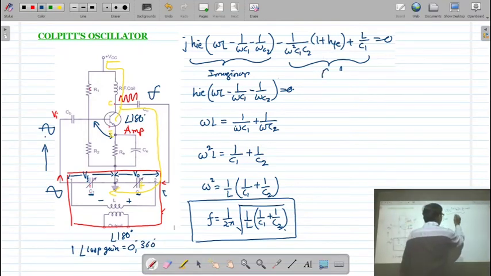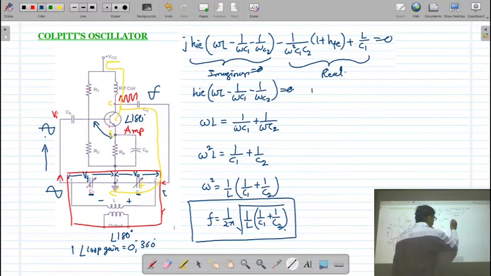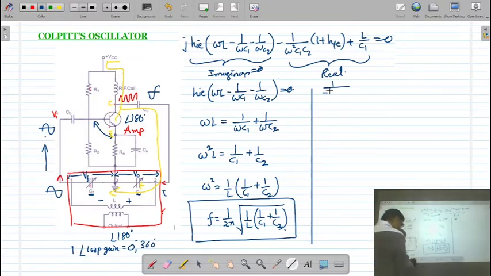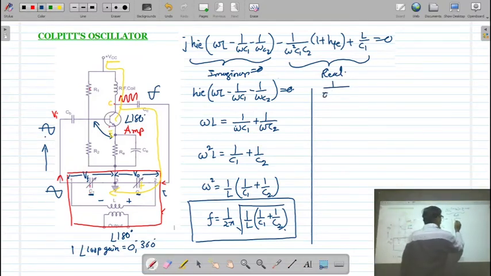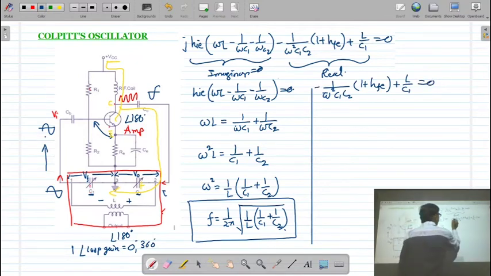So this is the real part. Correct? Now here the imaginary part is 0, so what is the remaining part? The real part is there. So now minus 1 upon omega square C2 into 1 plus HFE plus L by C1, and this is equal to 0. We have this negative sign.